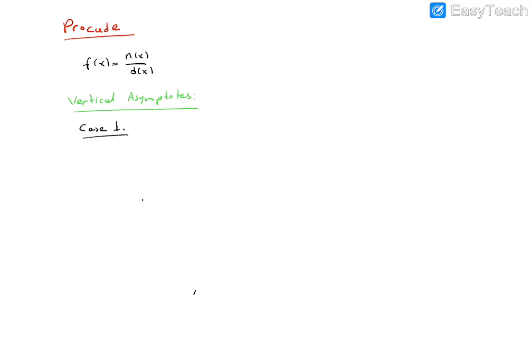more mathematically. Okay, so suppose n of x and d of x have no real zero in common. If c is a real number such that d of c is 0, then x equals c is a vertical asymptote.